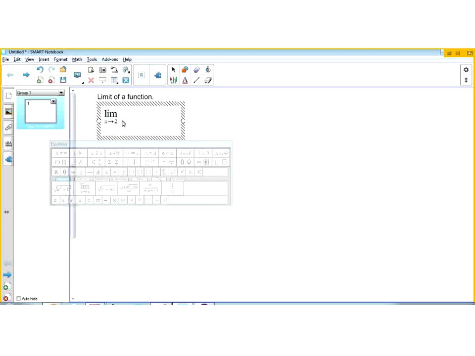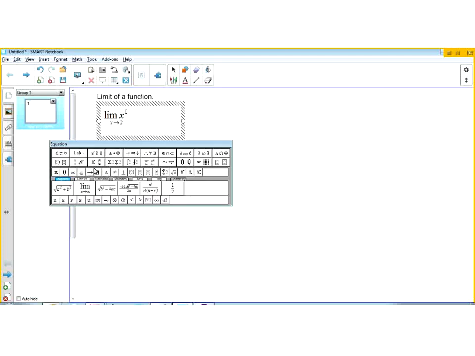The limit as x approaches 2 of, say, the function x squared minus x plus 2, which is a parabola.